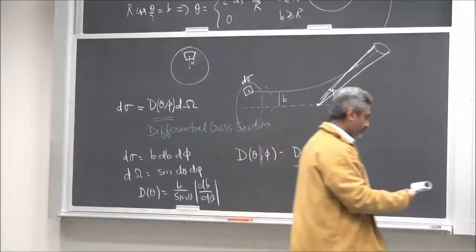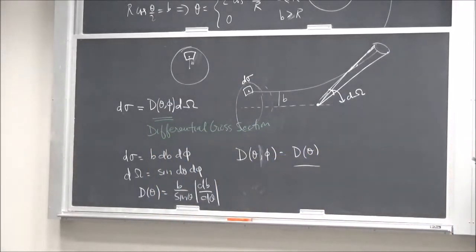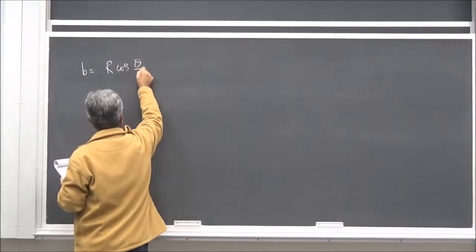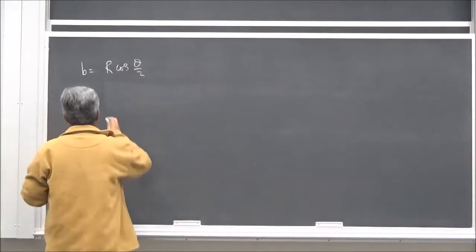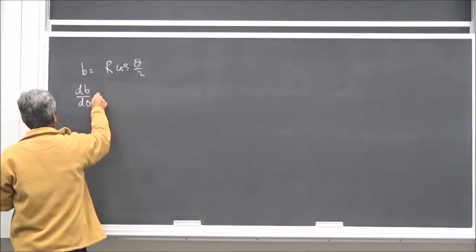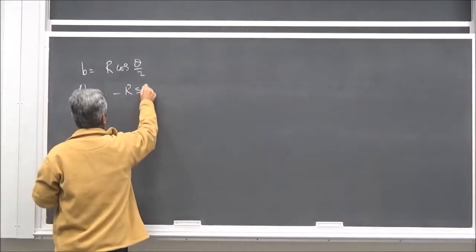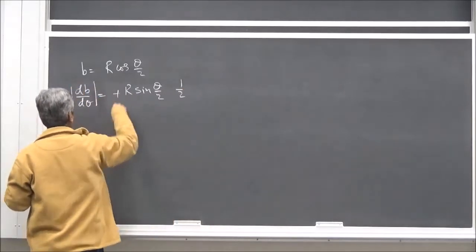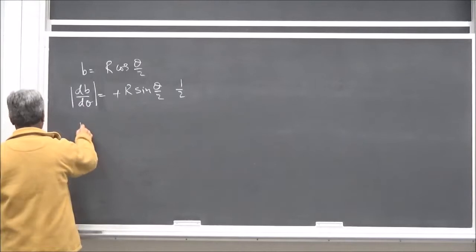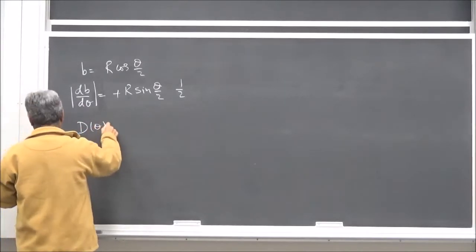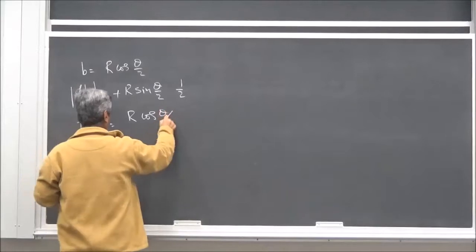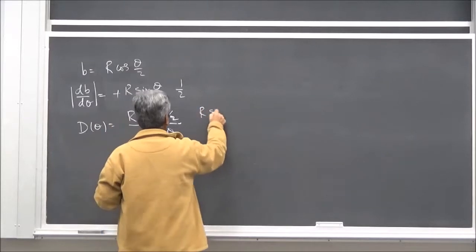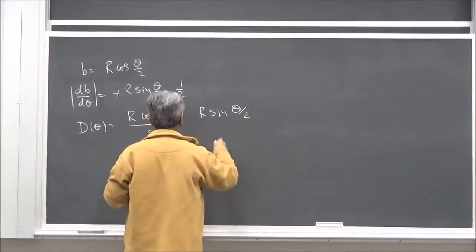So b, let's calculate that. b is equal to R cos(θ/2). So db/dθ is equal to minus R sin(θ/2) times 1/2, and so if you put a mod here, this becomes this, and b is going to be R cos(θ/2) times R sin(θ/2).